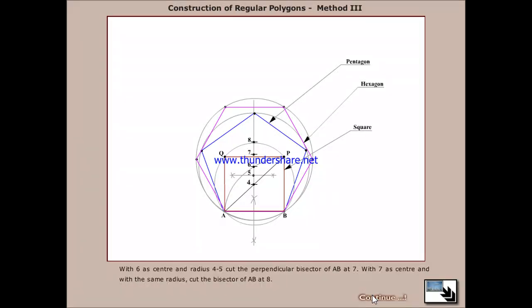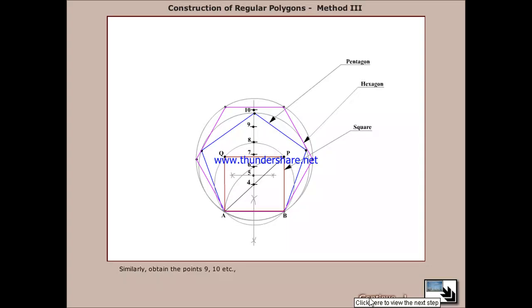With 6 as center and radius 4, 5, cut the perpendicular bisector of AB at 7. With 7 as center and with the same radius, cut the bisector of AB at 8. Similarly, obtain the points 9 and 10, etc.